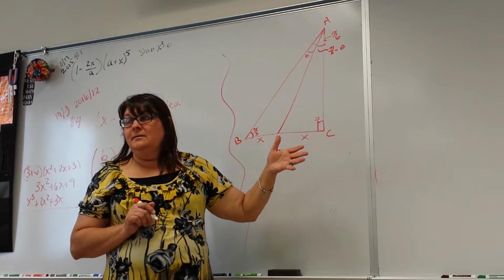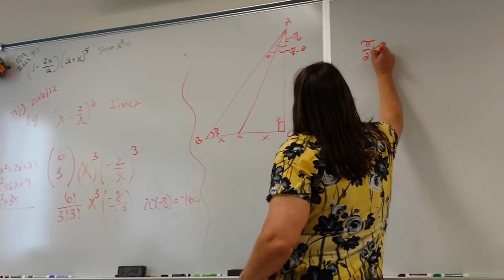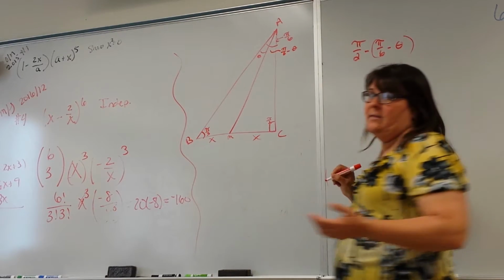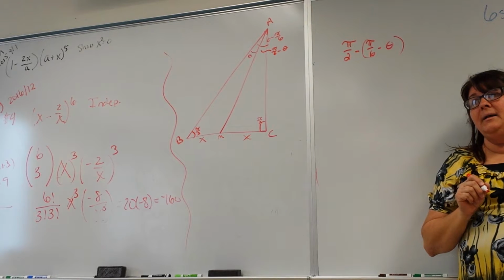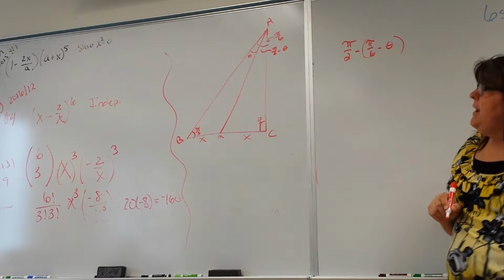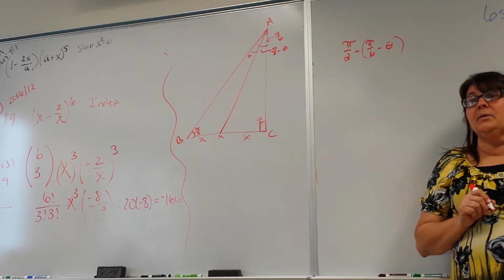Life is good. No? Okay, I get what you're saying, but I would never think to do that. So how would you have done it? There are still more ways to do it. You would probably do pi minus pi over 2 minus pi over 6 minus theta, right?